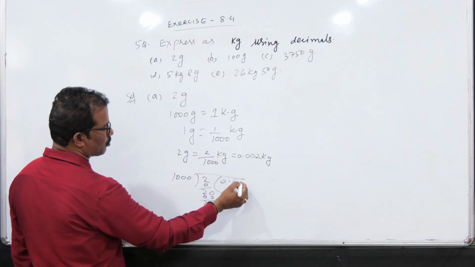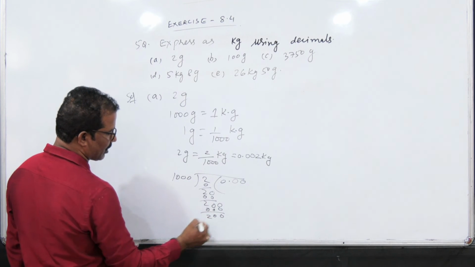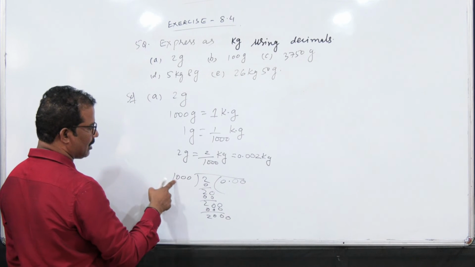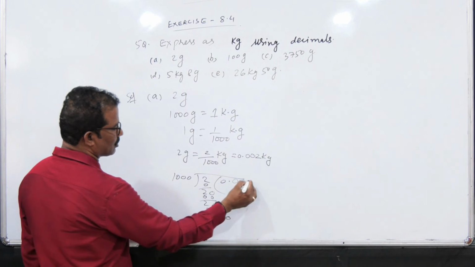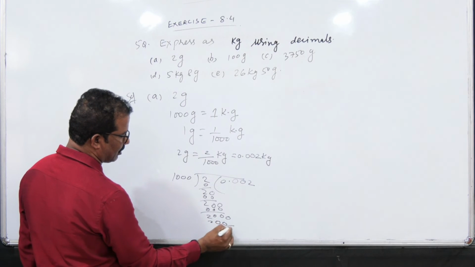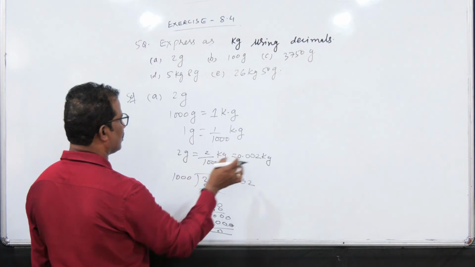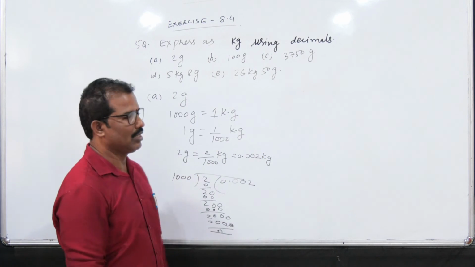Again still it is smaller, so 0 times. Still it is 200 for this point. One more 0. Now it is 2000 and 1000. This is bigger than 1000, and we know that 1000 twos are 2000 only. So we got finally 0.002 only. In this way, we have converted this gram into kg only. Understand?